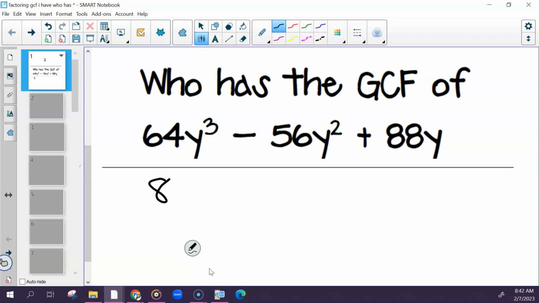Also, let me make sure I passed out that one too. Who all has one that says 8 on it up top? What does yours say? Just the top. Would this be the GCF of this? Okay, so Nora, go ahead and read your card.